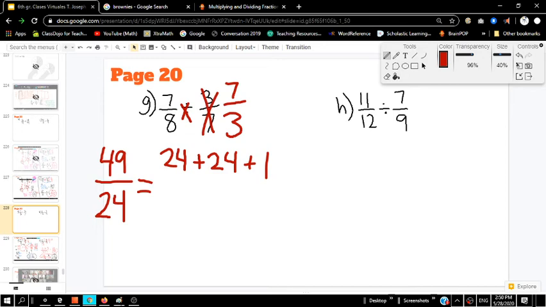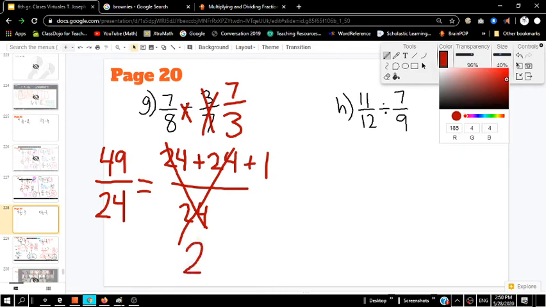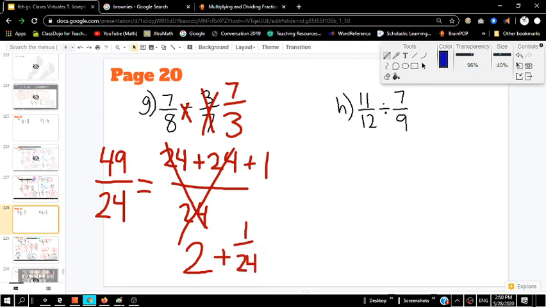So how can we simplify this more? Well, I know that 24 24ths and 24 24ths both equal 1. So we actually have 2 as our whole number plus 1 24th, which is left over. So in other words, our final answer, which I'll put in blue, equals 2 and 1 24th. There's our final answer.